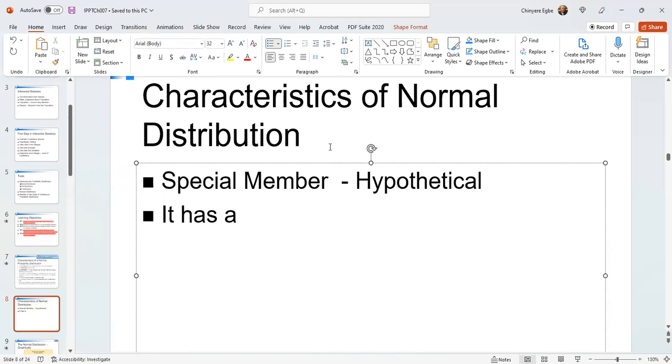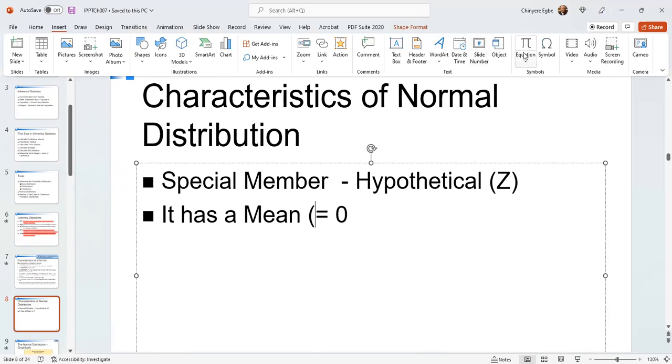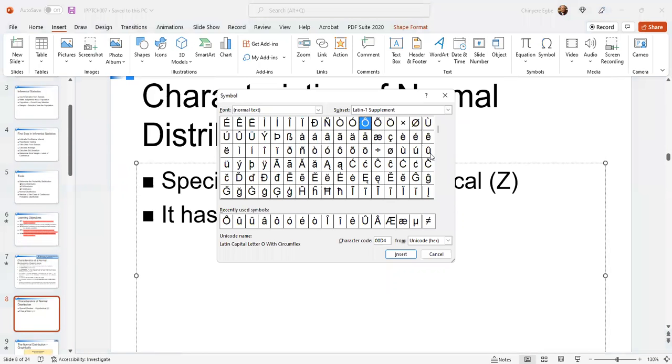It's called the Z distribution. It has a mean equals 0, and I'm going to insert the symbol.